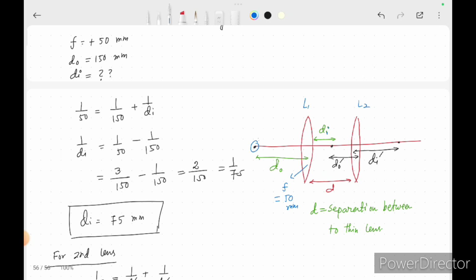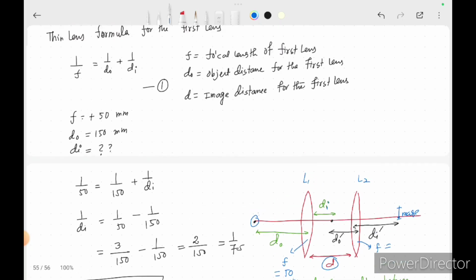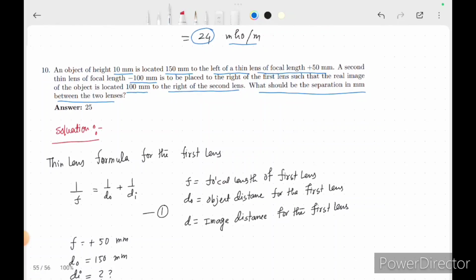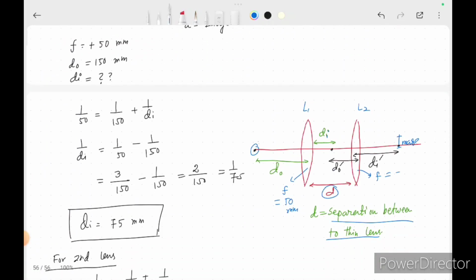We also consider the separation between these two lenses to be d. From the second lens, at a distance d_i prime, we get the final image, and this lens has a focal length of minus 100. In the question they ask for the value of d.